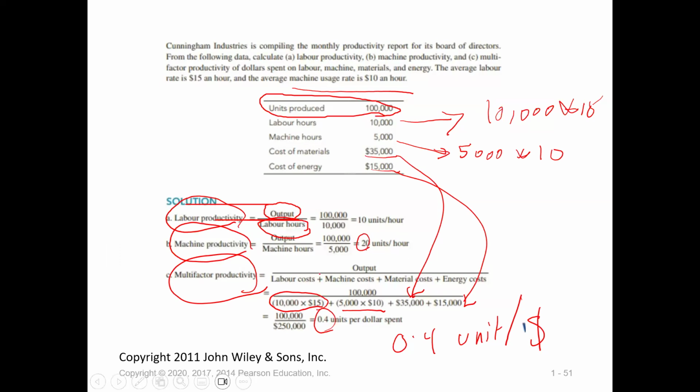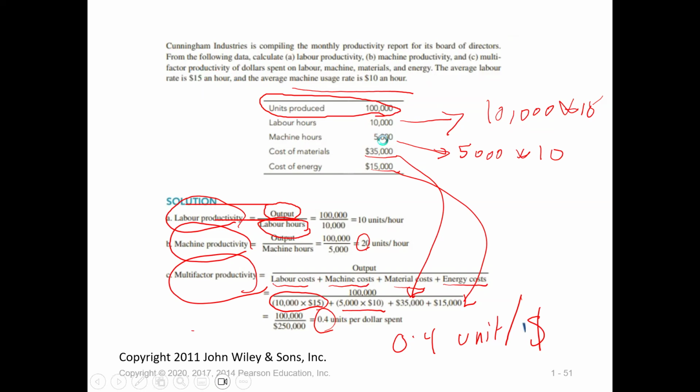Now, for the multi-factor, we need to list all the inputs. So the labor cost, we have it in hours. I cannot put 10,000 hours. I need to convert it to dollars so I can add it to the rest of the other factors. So I have to multiply it by the cost for each labor hour, which is given here.